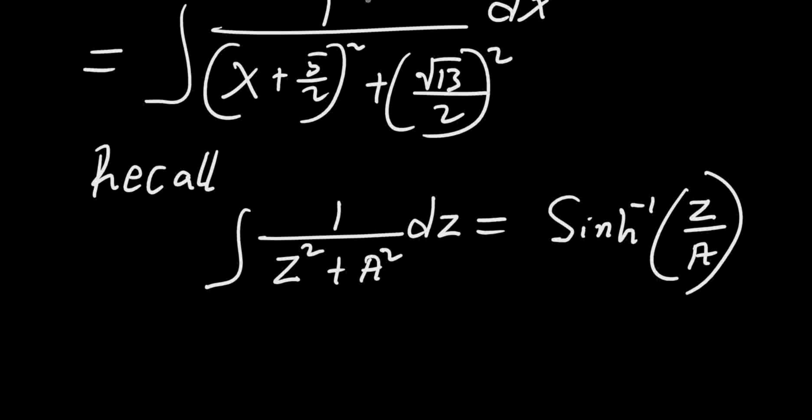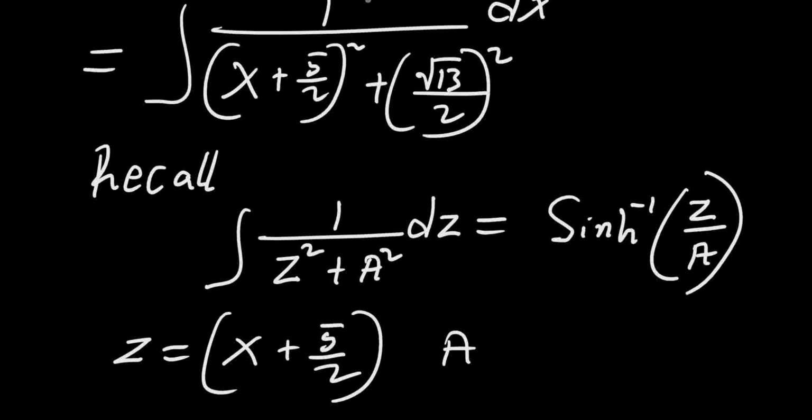So if we apply this to this question, then z will be equal to x plus 5 over 2 and a will be equal to the square root of 13 over 2.